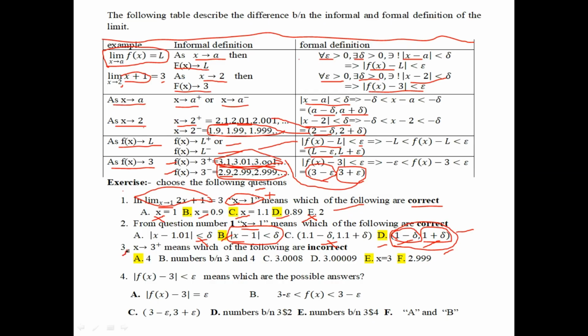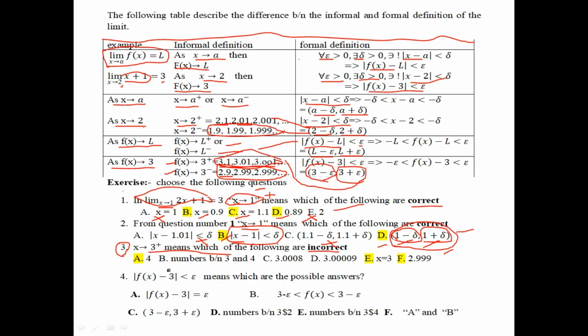Again, the same is true. Exercise 3. As x approaches 3 from the right, or from the upper side, which one of the following is incorrect? As x approaches 3 from the right, these are all values between 3 and 4.